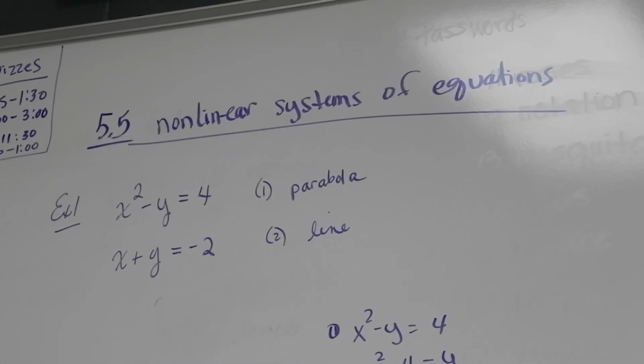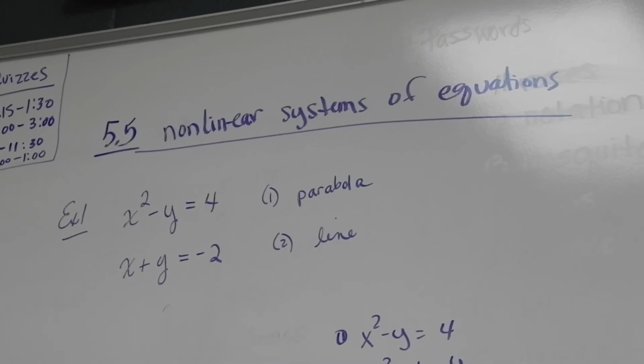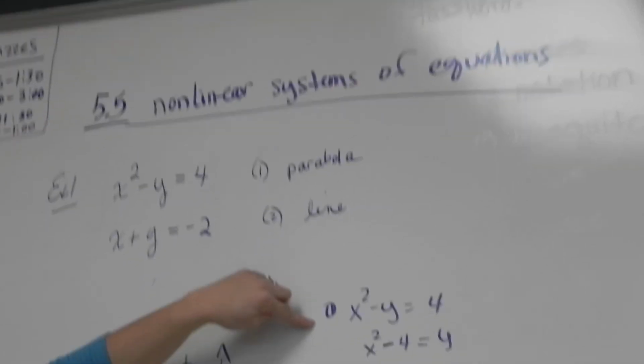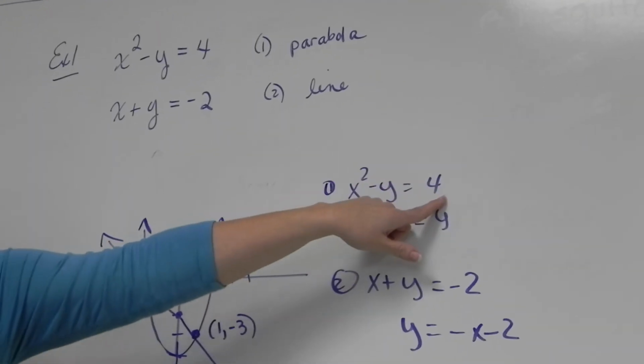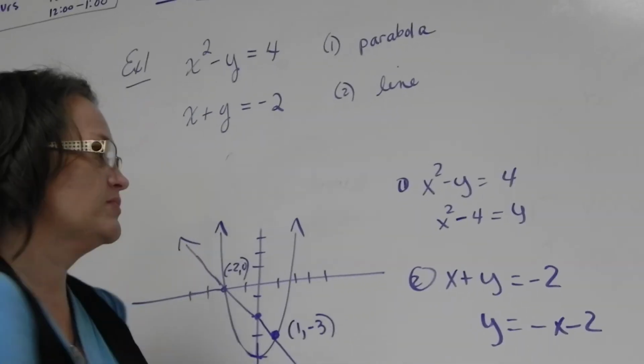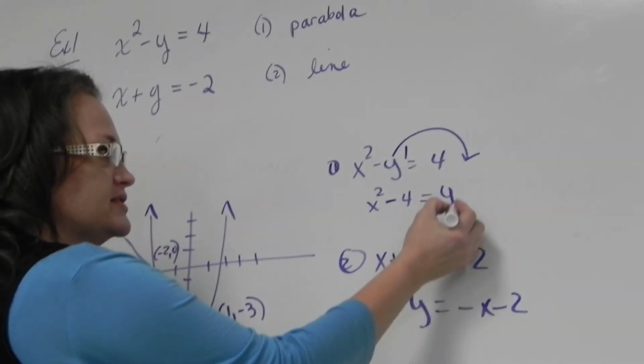So first of all, I just wanted you to see a picture of that to show how you would solve that graphically. The parabola, just focusing on it first, x squared minus y equals 4. I want to get it in y equals form. It is y to the first, so I threw that across the line, made that positive y.